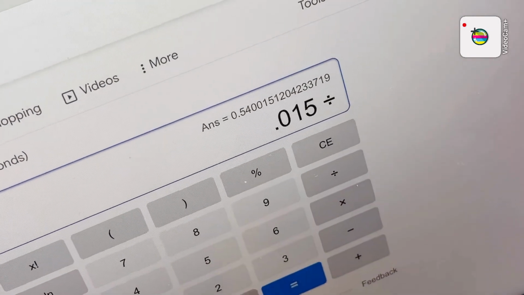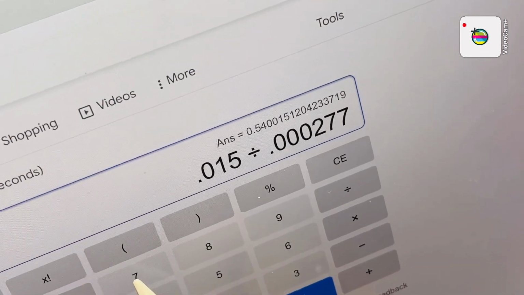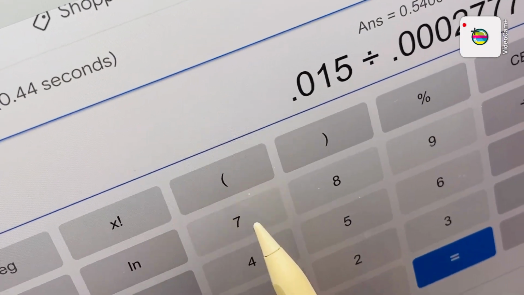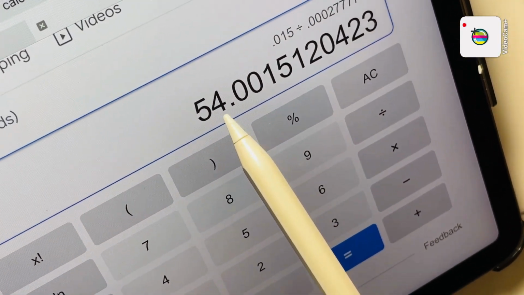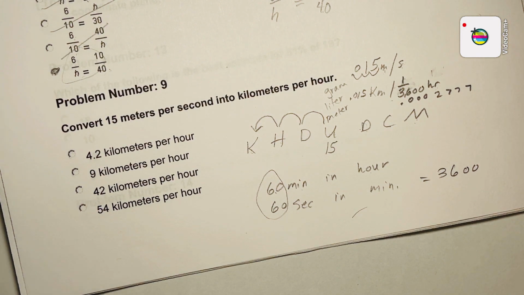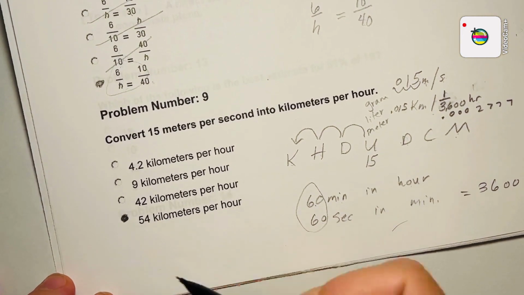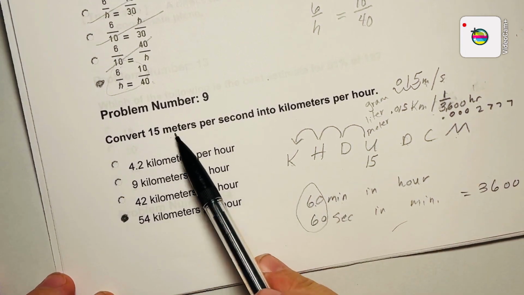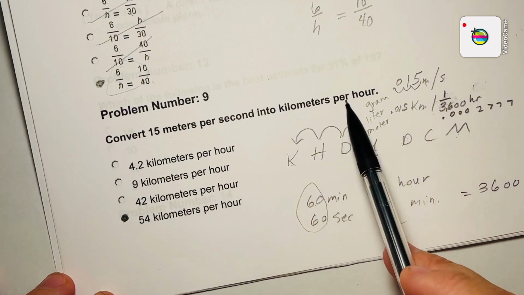Divided by 0.000. Okay, there it is, 54. Approximately, since that was a repeating decimal, 50 meters per second, we converted that into kilometers per hour.